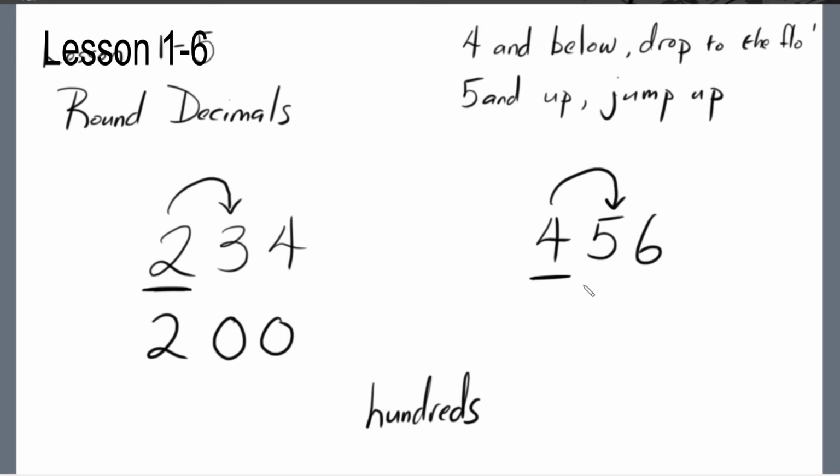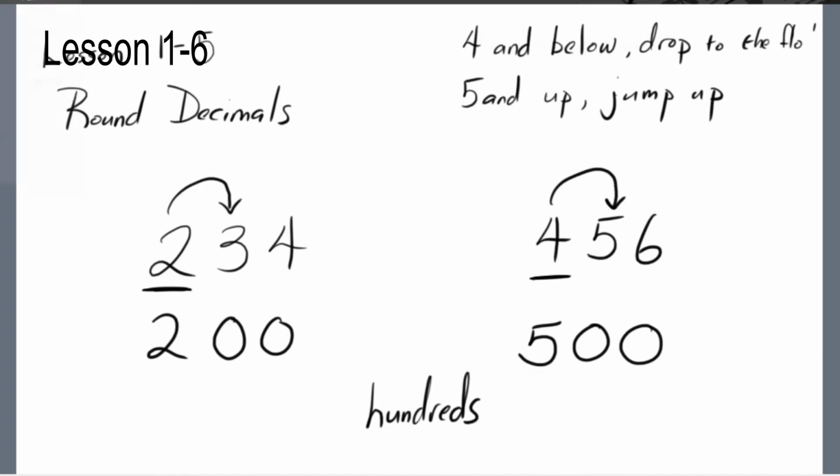The opposite's going to happen here because we notice that this 5, the neighbor for the 4, is 5 and up. So we're going to jump up. So the 4 is actually going to become a 5. And this 5 is going to become a 0 and a 0. So we know with 234, our closest hundreds is the 200s. And then with 456, our closest hundreds is 500.